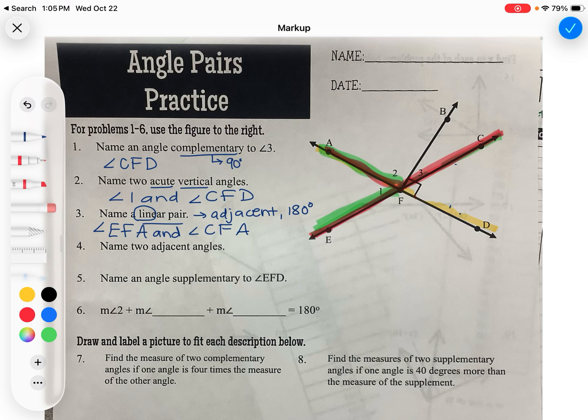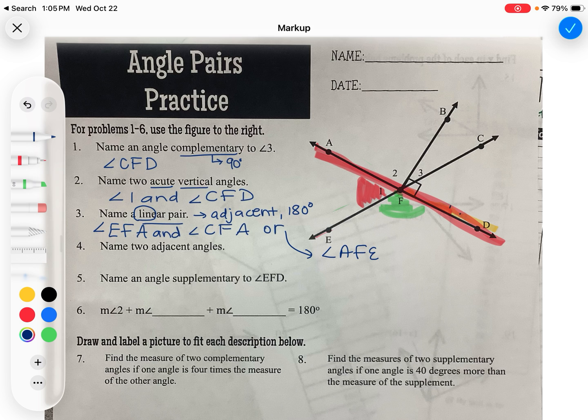Could you have given me a different one? Sure. I have this straight line here as well. So I could have also said this angle here and this angle here. So I would have said angle AFE and angle DFE.